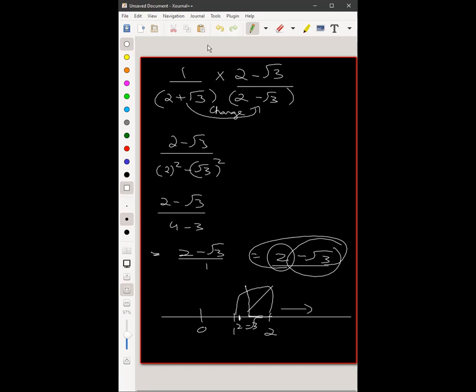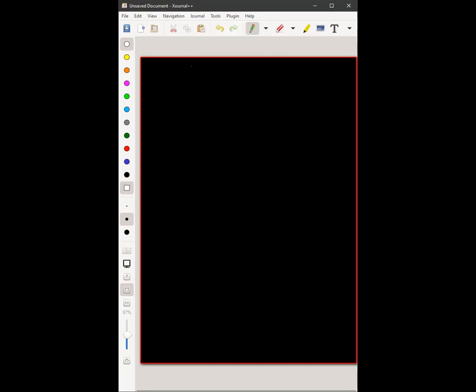Okay. Now tell me about this: 5 upon root 3 minus root 5. How would I rationalize this? Root 3 plus root 5 by root 3 plus root 5. Okay.